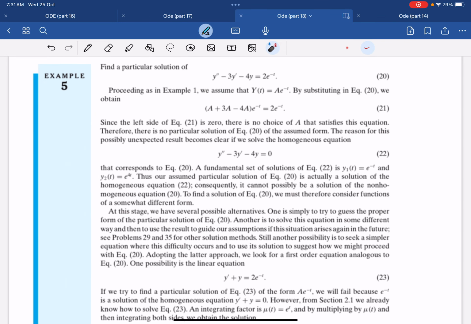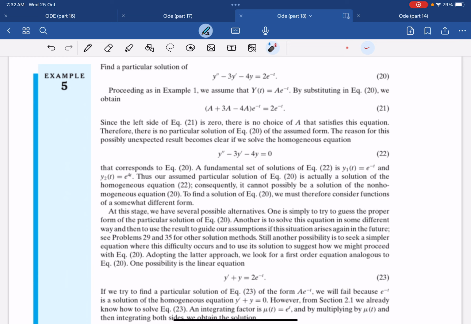Lastly, we'll take a look at an example on handling certain exceptions. So we want to find the particular solution of this, and in the preceding example we just assumed that it's a e^(-t). What happens is that since the left hand side is 0, there is no choice of a that satisfies this equation. So something is wrong with our particular guess.